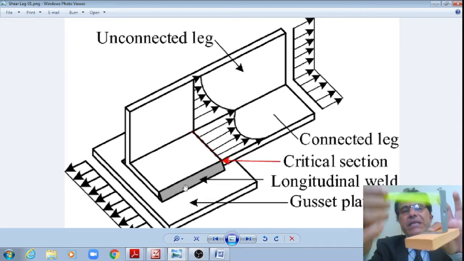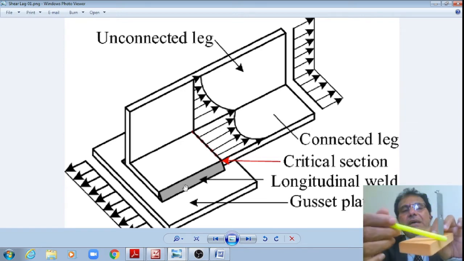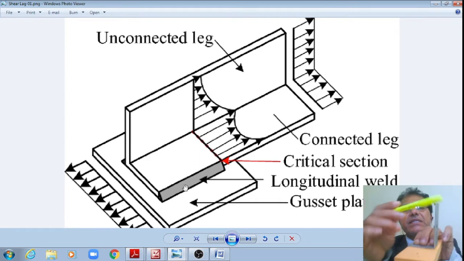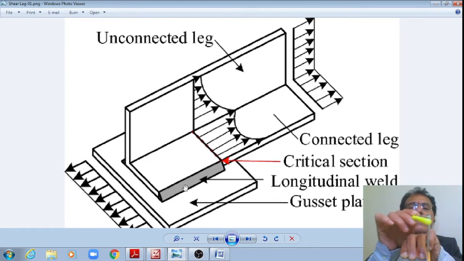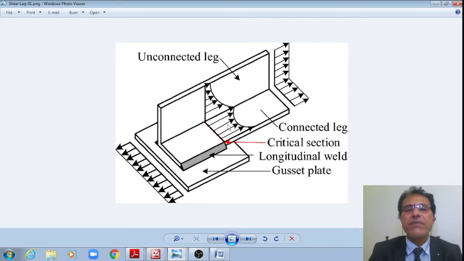Therefore, there is a heavy stress at the intersection, whereas this is free, which is prone to buckle under compression. Therefore, less stress. This is what is called the shear lag effect in the case of an angle section. I have shown an I section also.